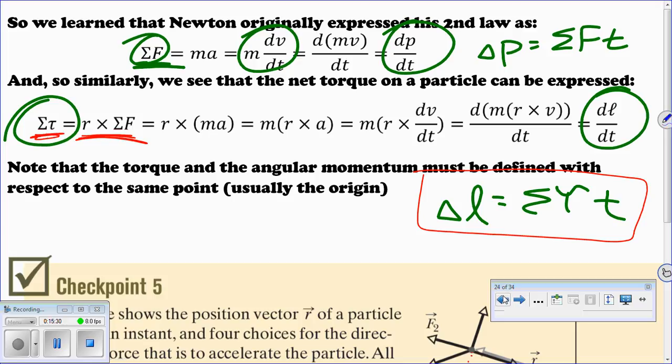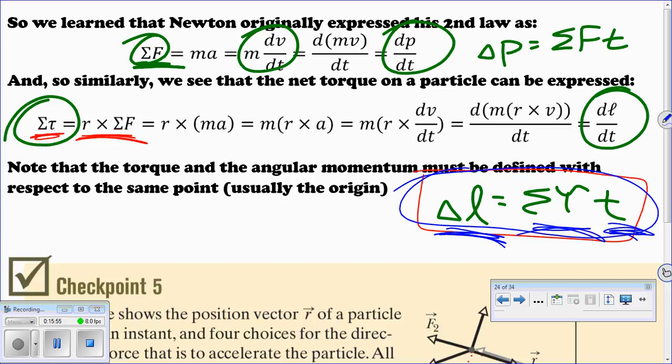Which of the three shapes has the biggest net torque? They're all the same, right? They all have the same force and the same radius. So they have the same torque. So at any given time, they will have gained the same amount of angular momentum.